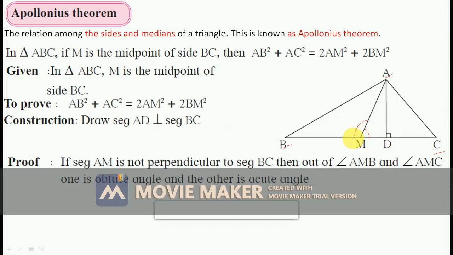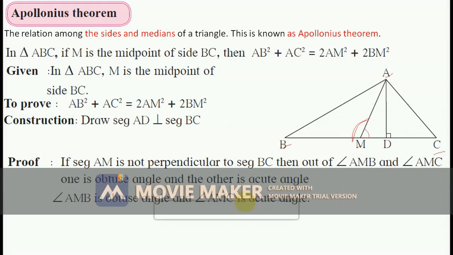Okay guys, one is an obtuse angle and the other angle is an acute angle. Then angle AMB is an obtuse angle and angle AMC is an acute angle.